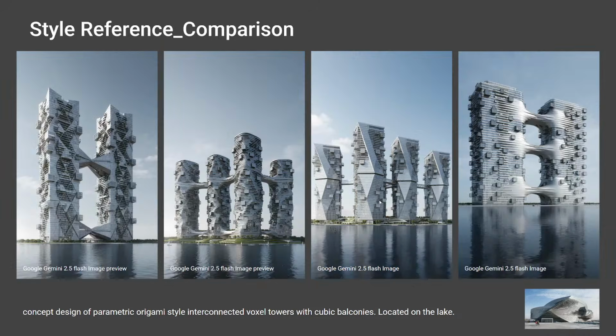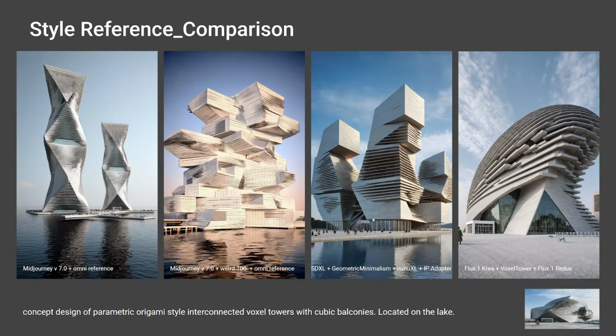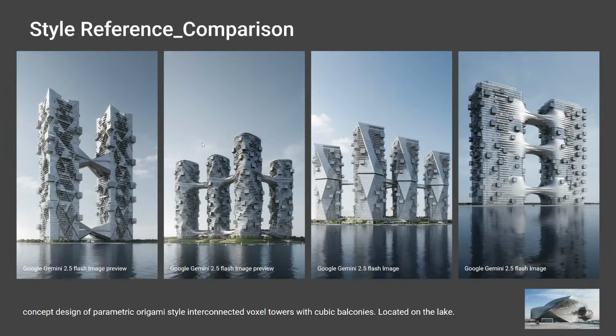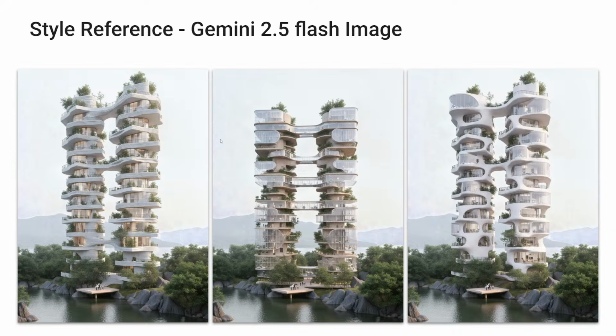But here we can see them, and yes, a lake as well, so it's located on the lake for sure. Here Flux is also not able to change the environment. Other models did it, but Flux not. It takes the environment from the input. So basically, I would say for style reference, Gemini is the best model.